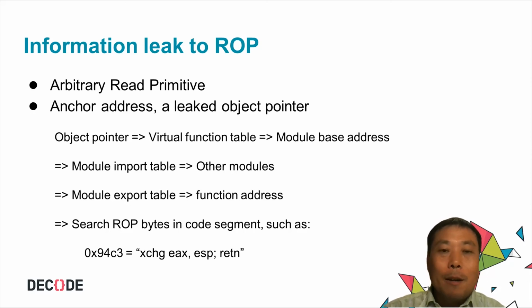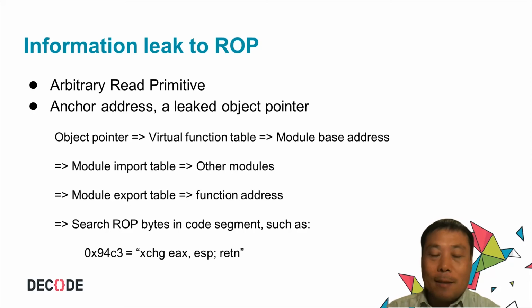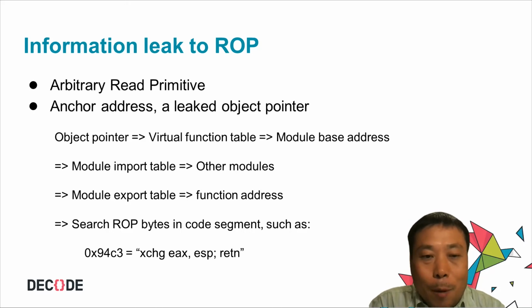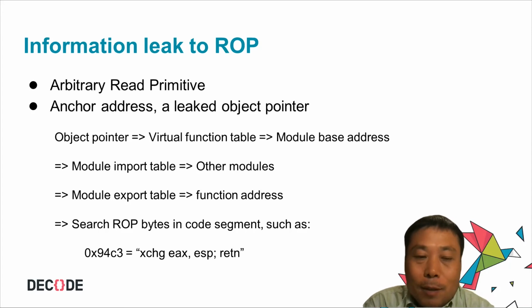From there, we can get the address of the module, and we can calculate the module base address, and we can analyze the module and read its import table and find other modules.